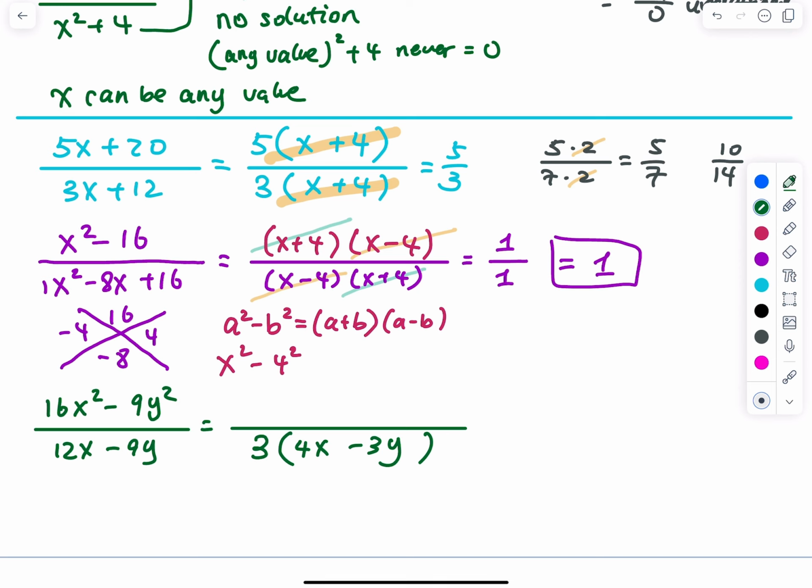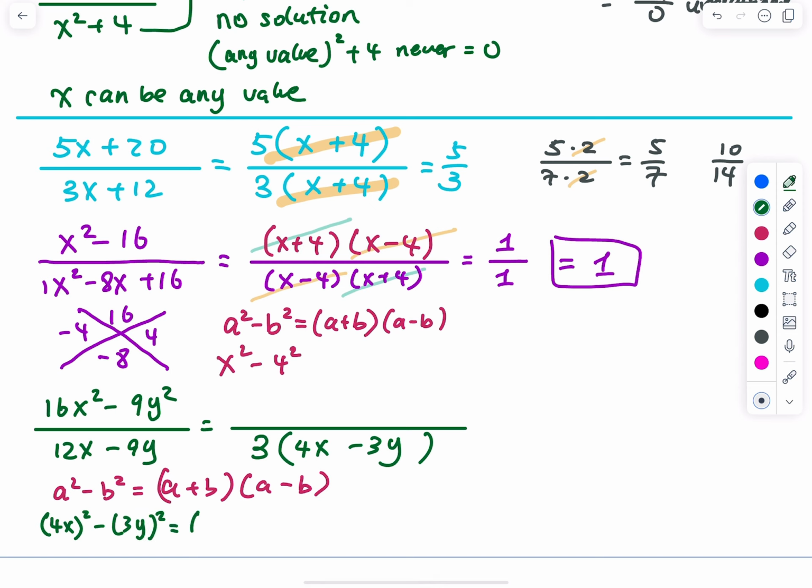And then the top, I am going to make you write this one more time: a squared minus b squared equals a plus b times a minus b. You have 4x squared minus 3y squared. The problem will give you perfect squares.